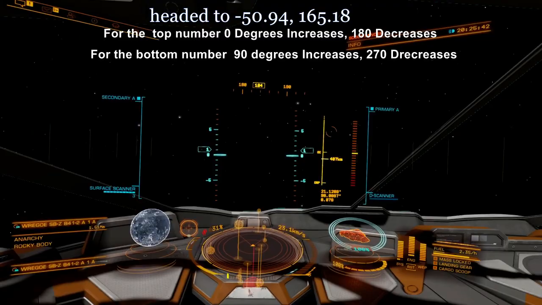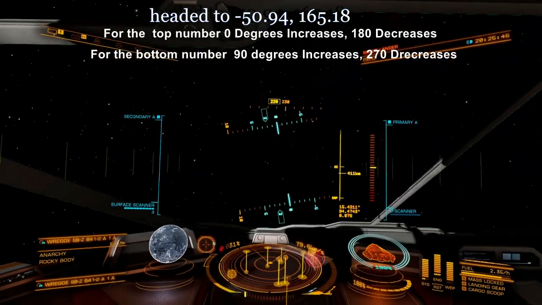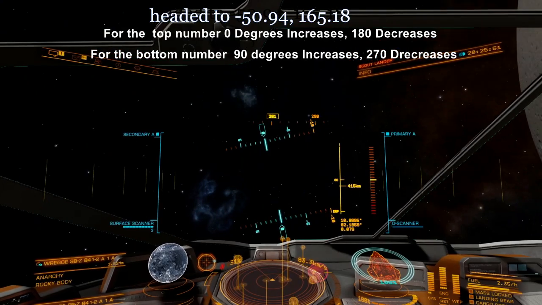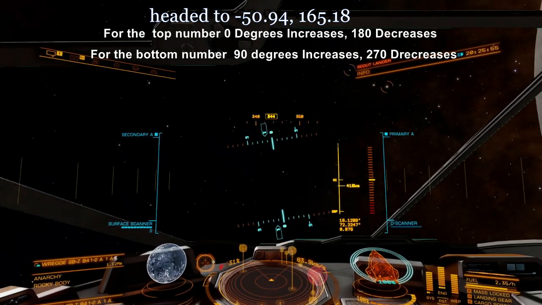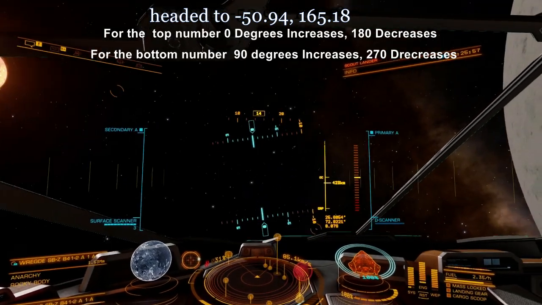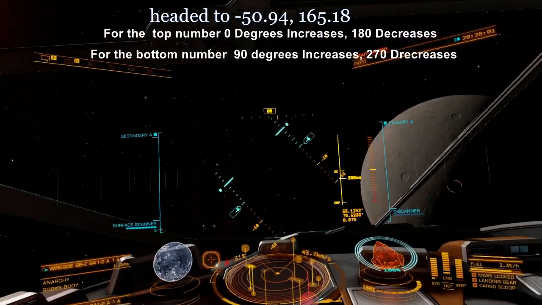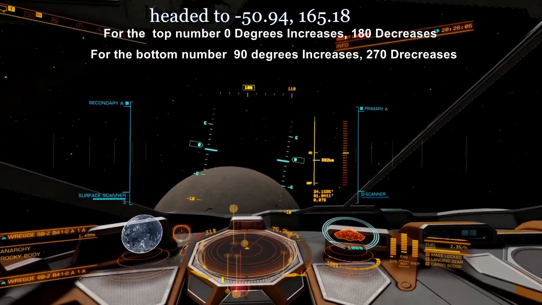But now, if I was to go to 90 degrees, swing that all the way around to 90. I'm staying in orbital cruise.